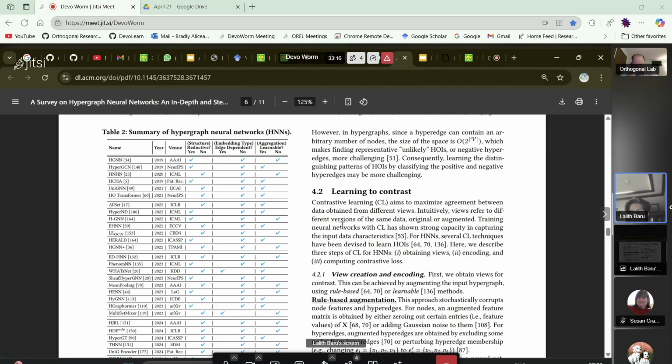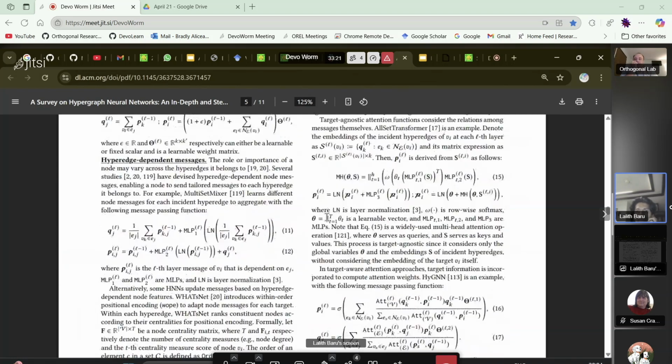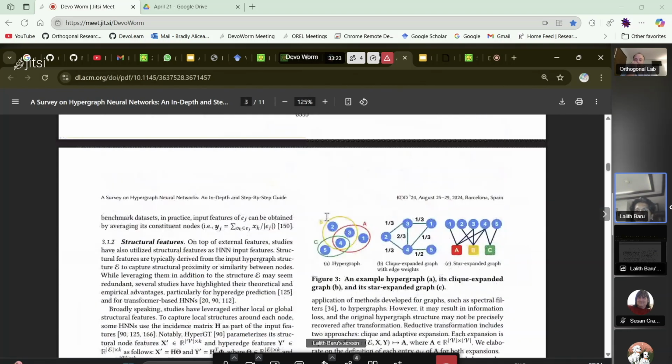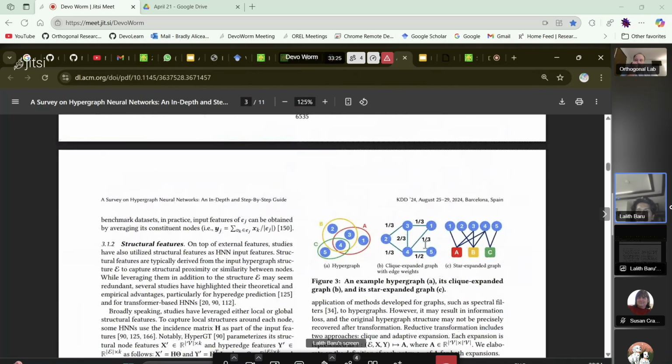Suppose I have a graph with these connections: 1 is connected to 2, 1 is connected to 3, and 3 is connected to 2. This is our original graph. What the contrastive learning approach does is remove information randomly in each node.